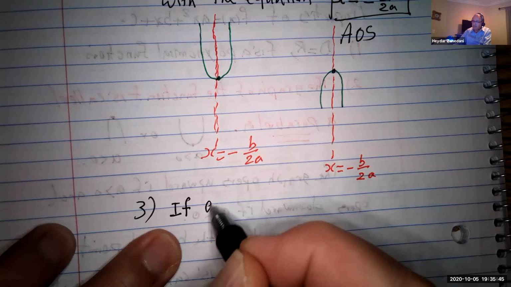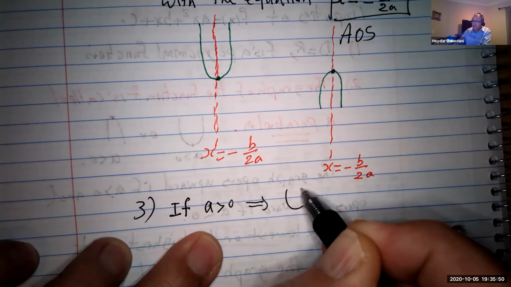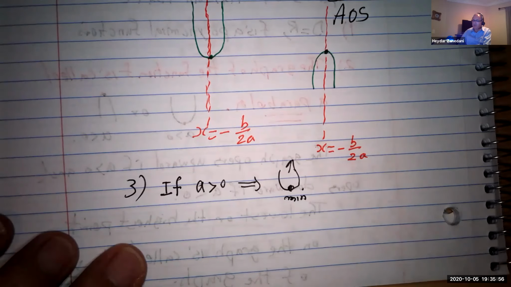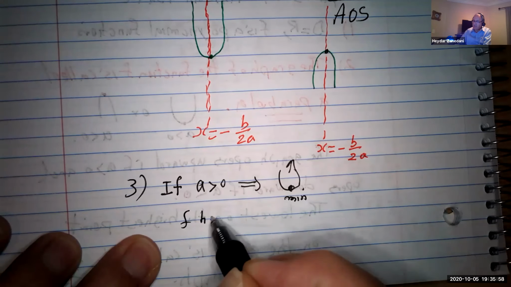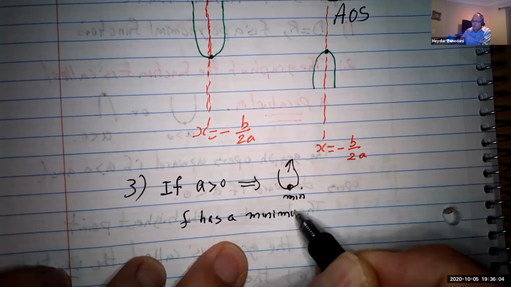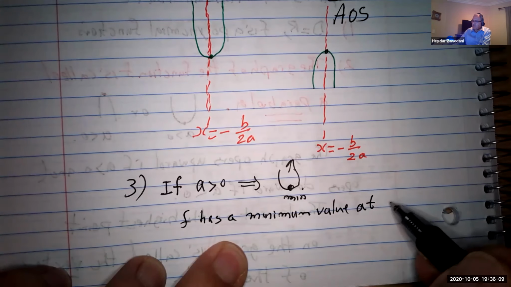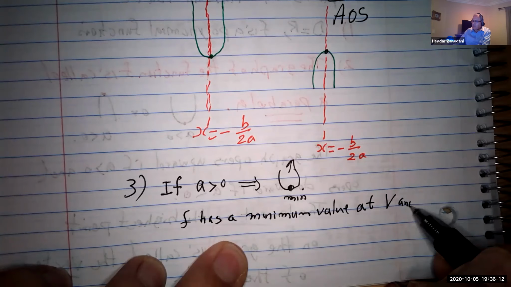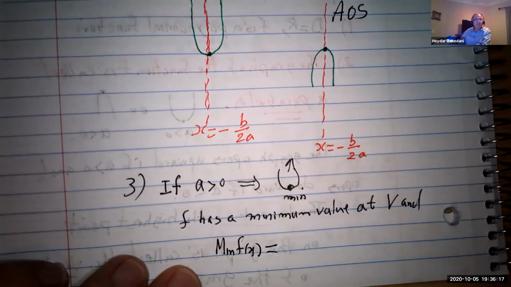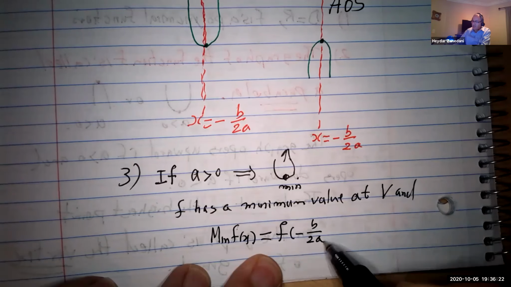If a is positive, the graph would be curving up, so we get the minimum. In that case, f has a minimum value at the vertex, at V. And the minimum value of f of x is just the y coordinate of the vertex, f of negative b over 2a.